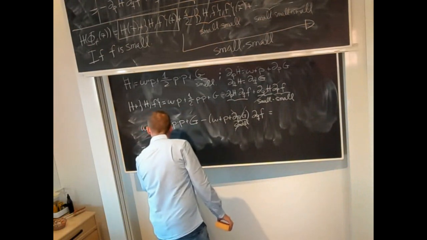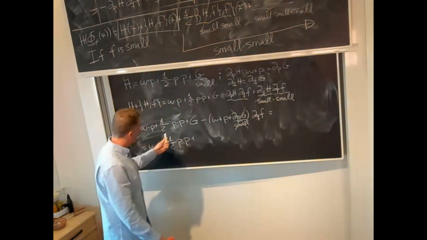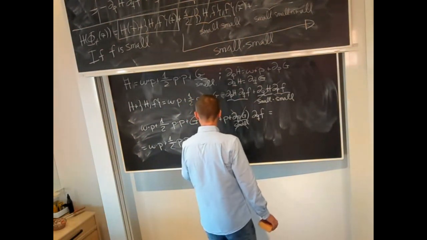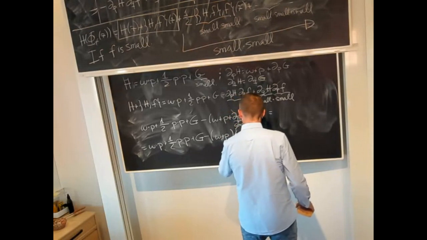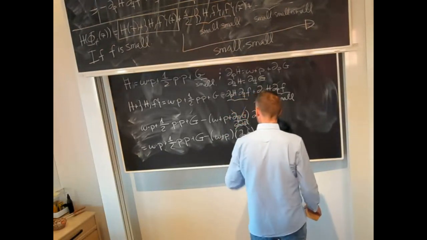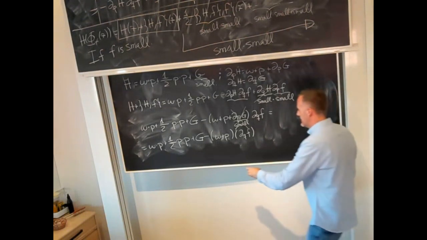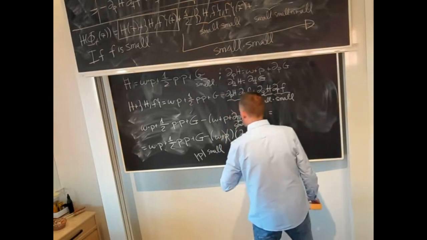So what we have is the desired Hamiltonian plus g minus omega plus p times dq of f. Notice the following: because we want to do this transformation at p small, again, this does not contribute.